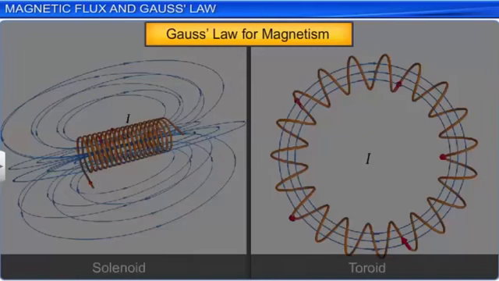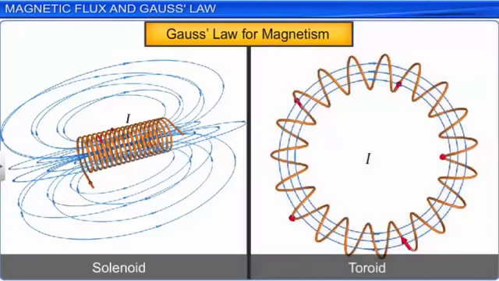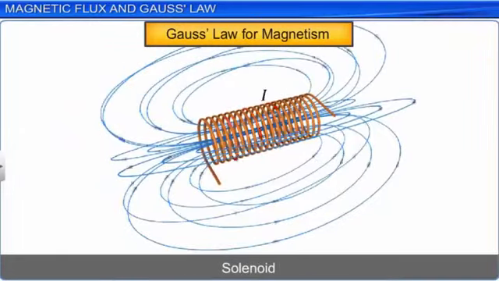For a better understanding, let's discuss Gauss' law for magnetism with some examples, such as a solenoid and a toroid. In the case of a current-carrying solenoid, the magnetic field lines around it are similar to that of the magnetic field lines due to a magnetic dipole.